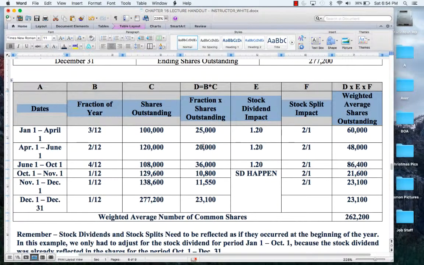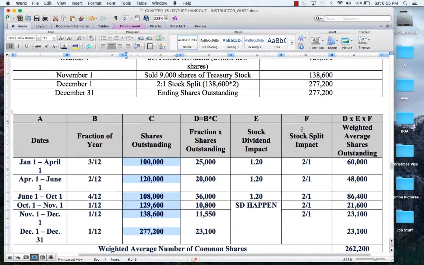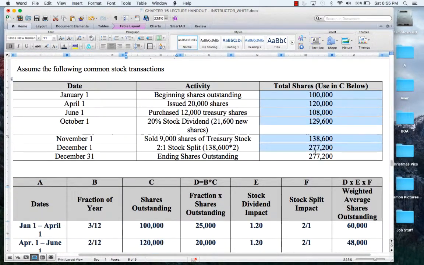So this will help you as you're going through the analysis. The key thing that can mess this up for you, one is if you don't account for the stock dividend and stock splits correctly, as if it occurred at the beginning of the year. But two is not getting the shares outstanding right at each period. And that is why we have this calculation here.